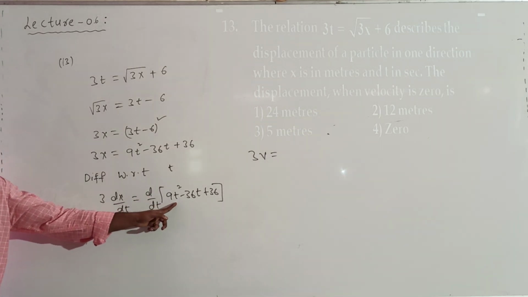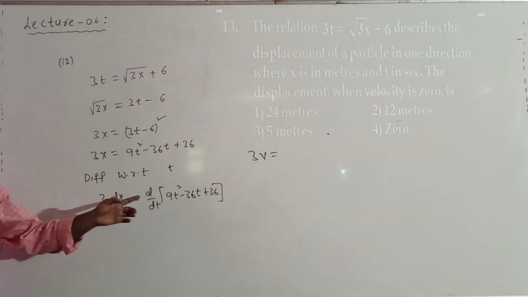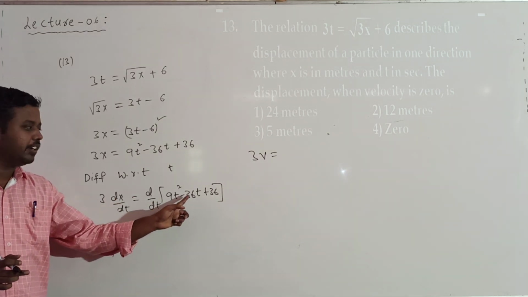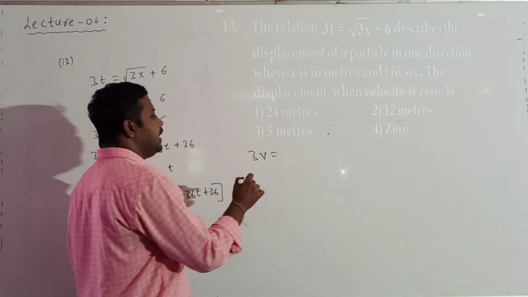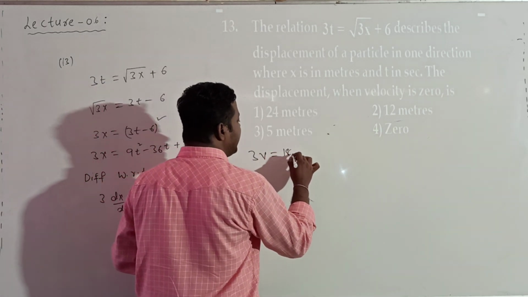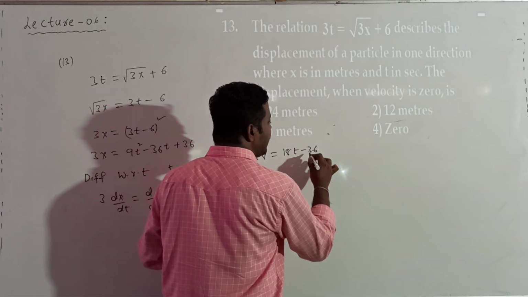What is the derivative of 9t square? The derivative formula you know: derivative of x power n is n into x power n minus 1. The derivative of t square is 2t, the derivative of t is 1, and the derivative of a constant is 0. So 3v is equal to 18t - 36.